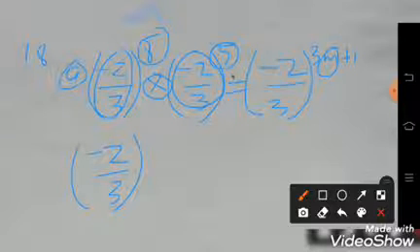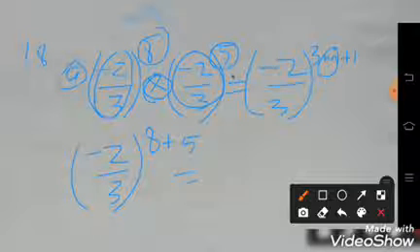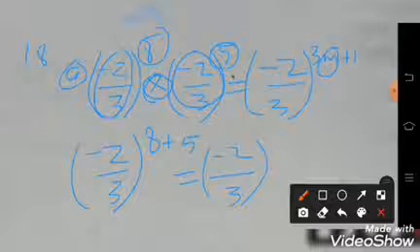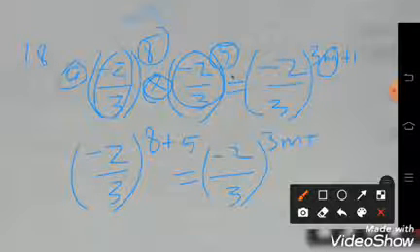I have already told you before, you can take the base common, in this case 2 by 3, and if it is multiplication, you add the exponents together. 8 plus 5, this is equal to minus 2 by 3 to the power 3m plus 1.